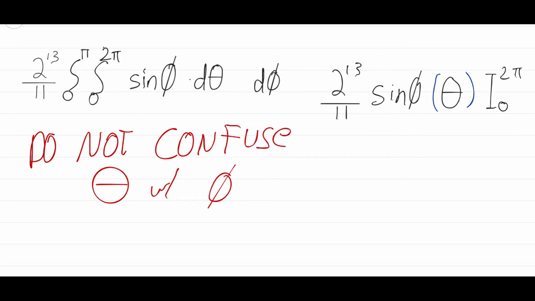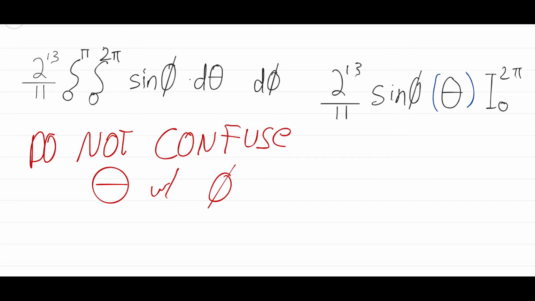So note what I did right here was I integrated with respect to theta. But note right here, this is sine phi. So this is still a constant. So the constant is not being integrated. We're integrating with respect to theta. So do not confuse phi with theta because it's a common confusion.